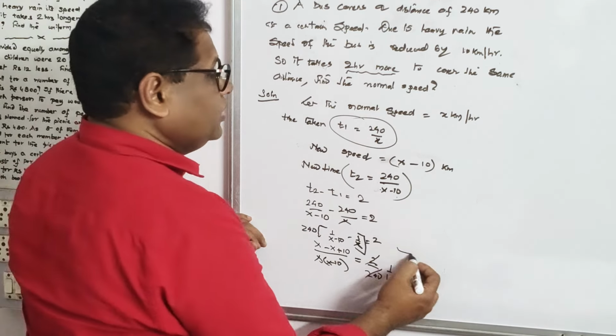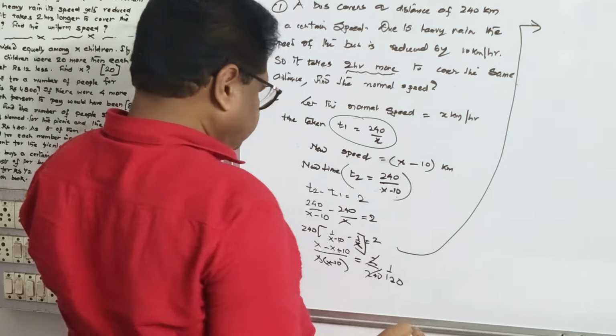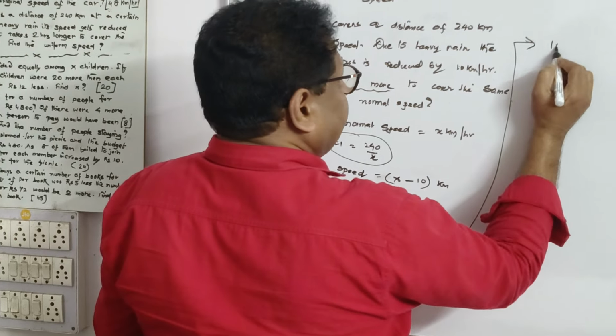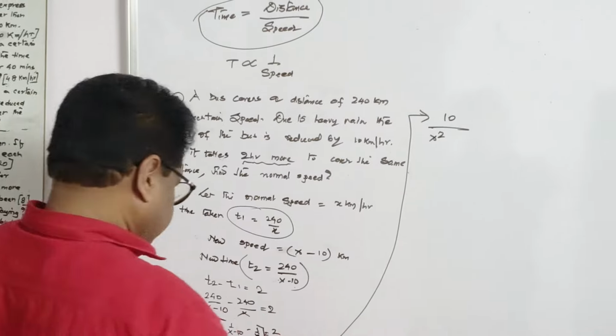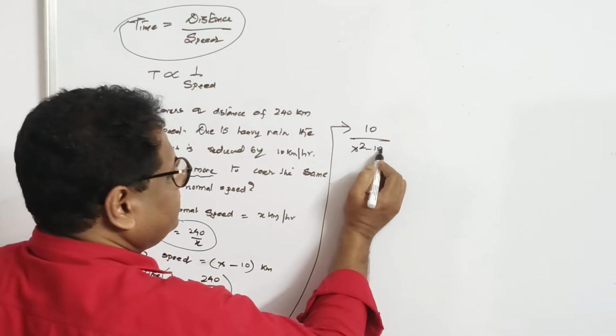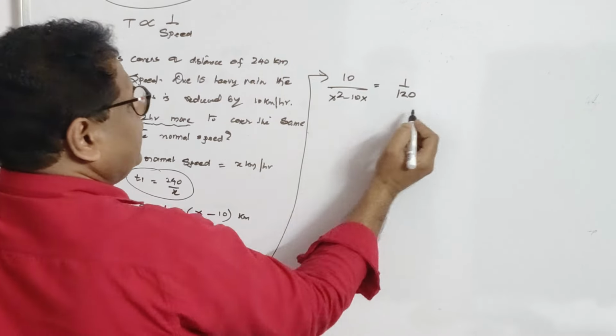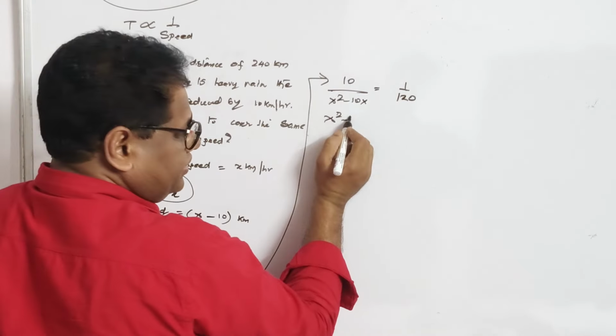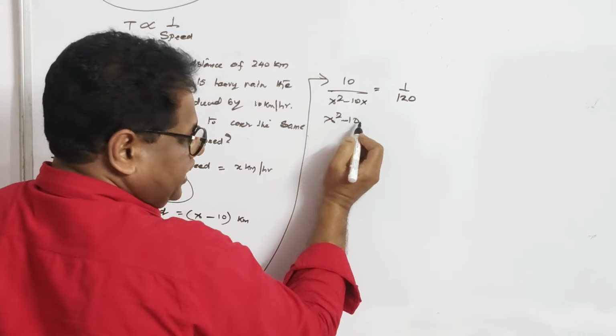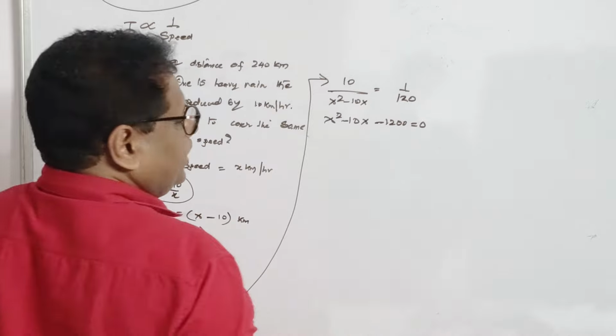Now the equation becomes 10 by x square minus 10x equals 1 by 120, and the equation comes x square minus 10x minus 1200 equals 0.